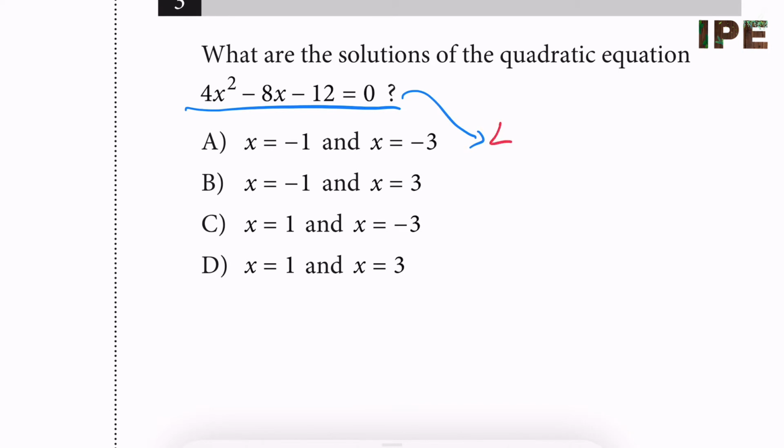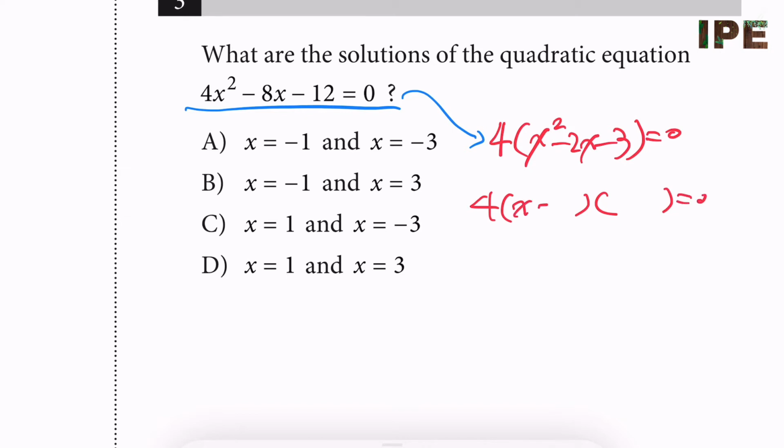Take out 4 as a common factor, right? x squared minus 2x minus 3 equal to 0, it's a factoring problem, right? Because this is factorable. (x minus 3)(x plus 1). Find 0 from each factor, which is x equals 3 or x equals negative 1. So 3, negative 1. Negative 1, 3.